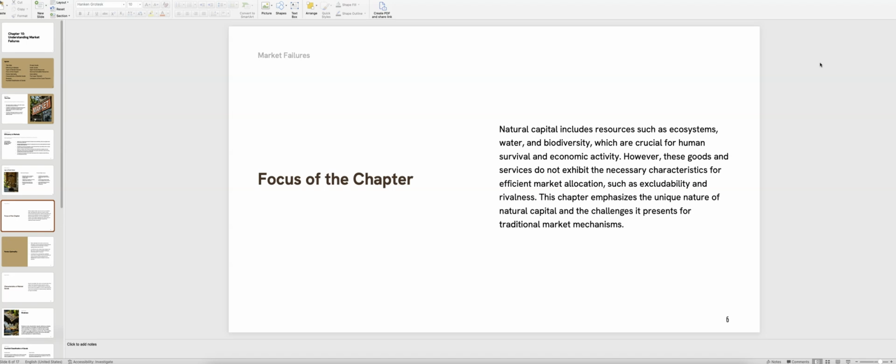How can we use the market mechanisms that are prevalent in our entire society? How can we use the market to the advantage of the environment?